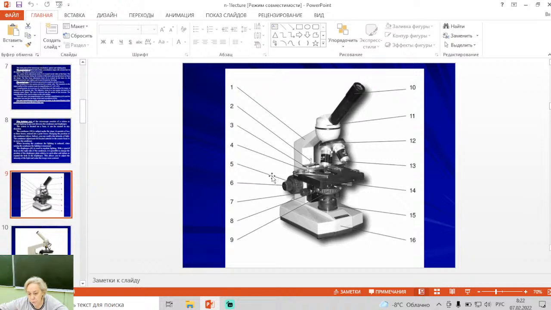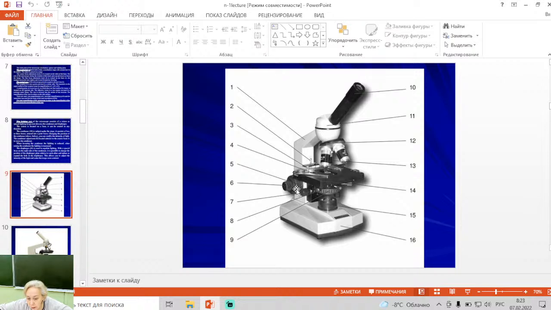And I want to show you another microscope and show the main parts on this microscope. What you see is another microscope. What is the difference?